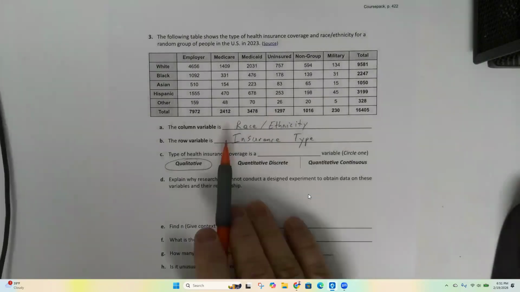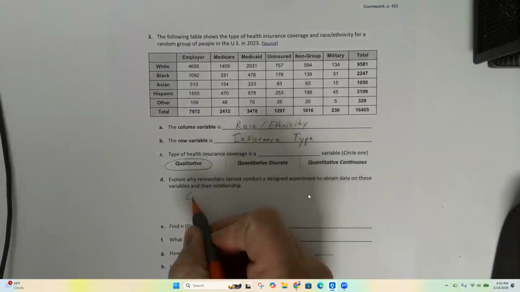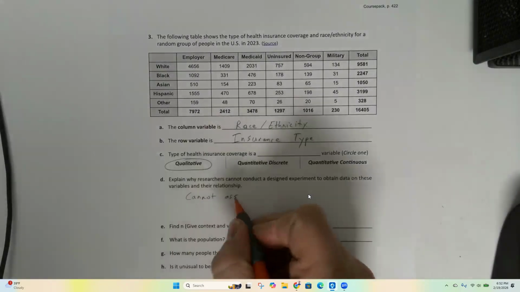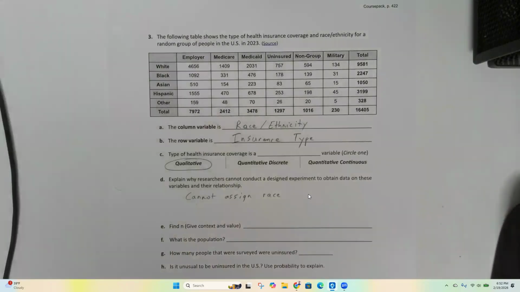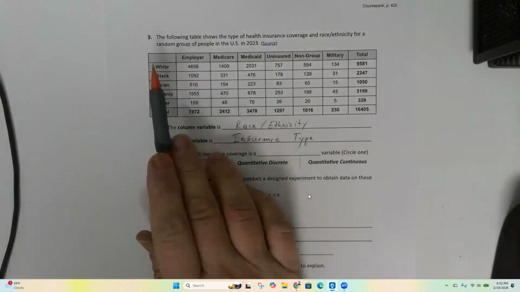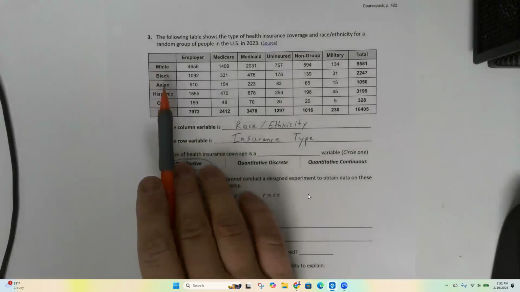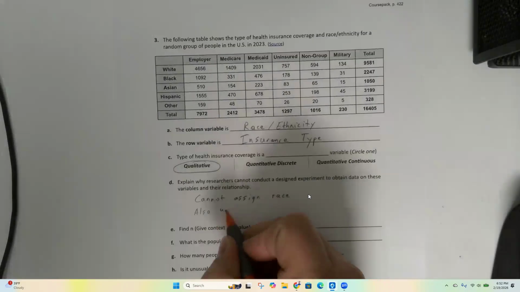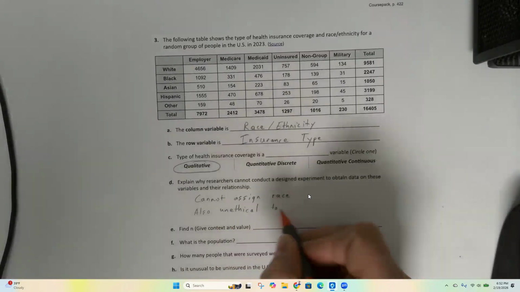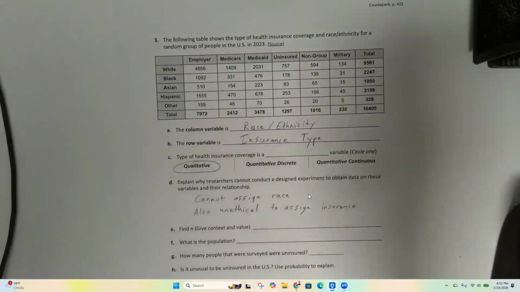Yeah, that's correct. So, Jordan, you got it. There's two reasons actually. First of all, you cannot assign race. I can't get a group of people together and randomly group them and say, all right, Cindy, you're going to be white, Joe, you're going to be black, you're going to be Asian, right? That's not possible. It's also, and you don't have to write both, unethical to assign insurance type, right?